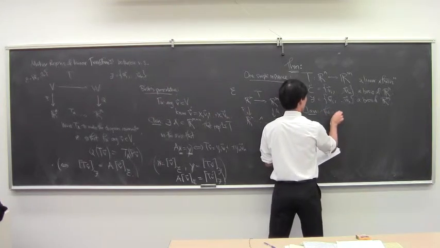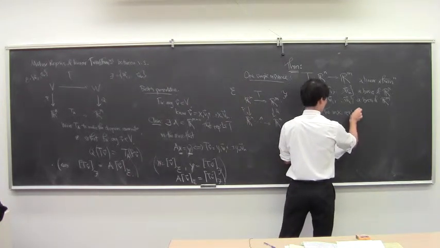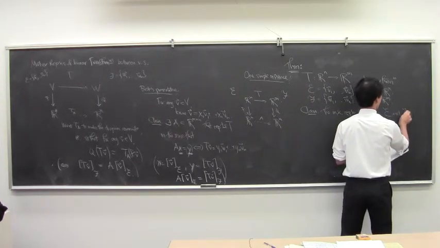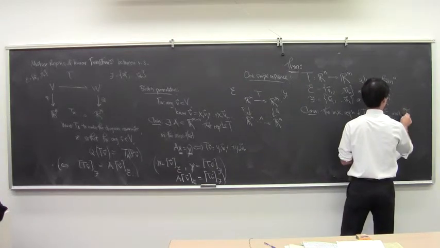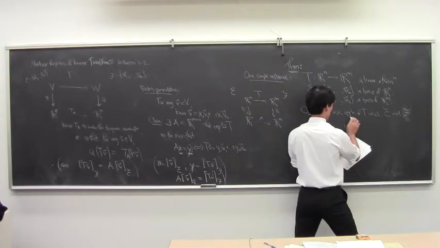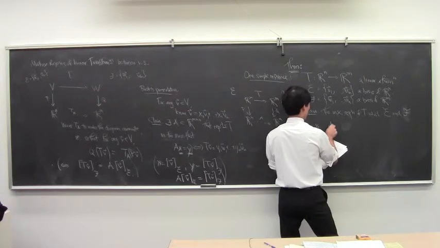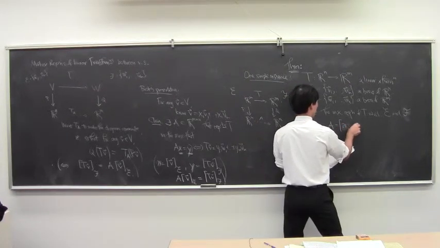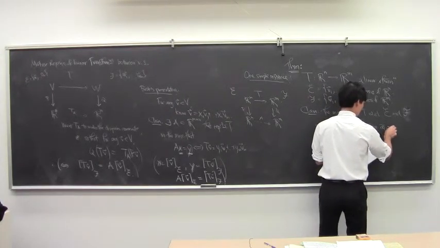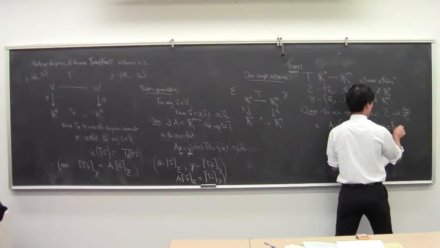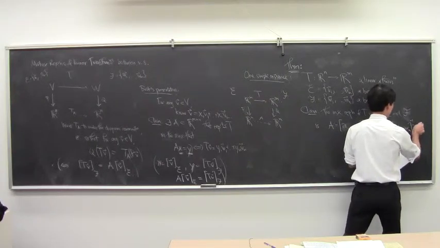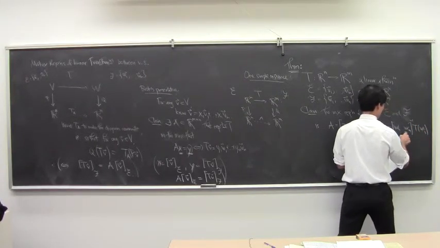Okay? The theorem says the matrix representation of T with respect to E and F is A1 through An, where Ai is w1 through wm inverted times Tvi, for i equals 1 through n.